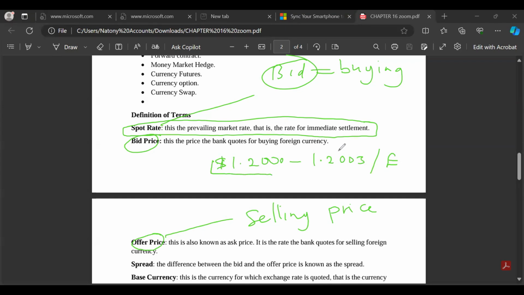The difference between the selling price, which is the offer price, and the buying price, which is the bid price, is known as the spread. That is the gain that the bank will make when they buy at this rate and sell at the higher rate. That is known as the spread.